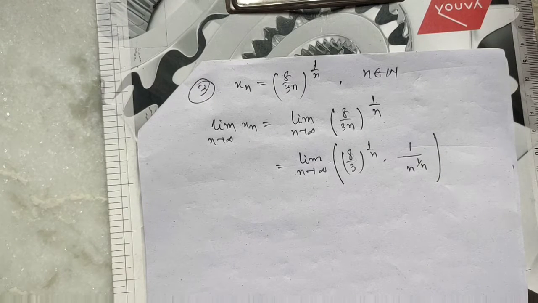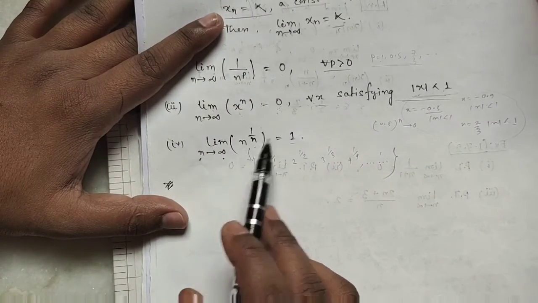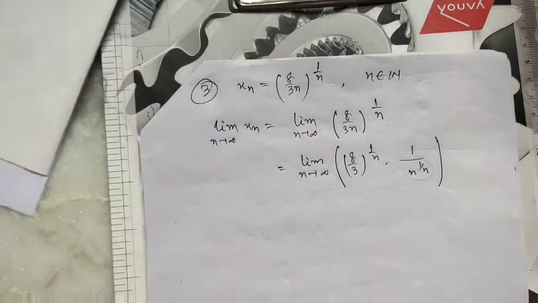So now we have some results. Limit n tends to infinity n to the power 1 by n equals 1. So this converges to 1.